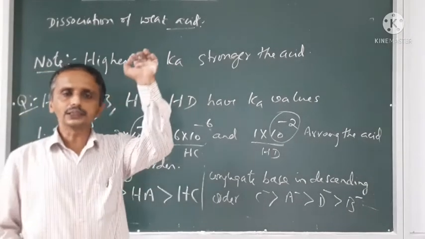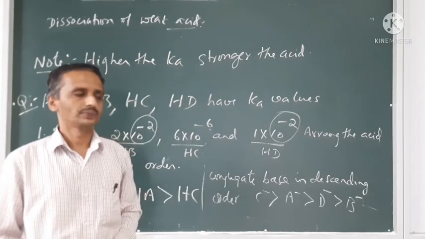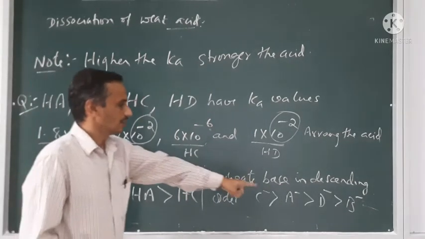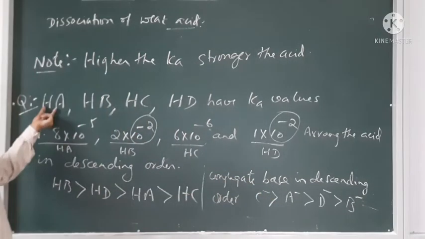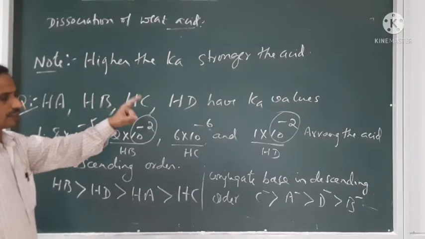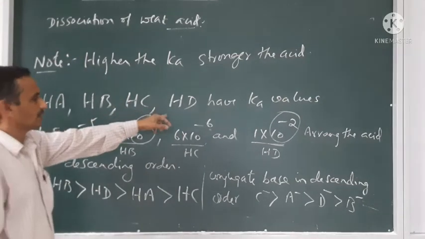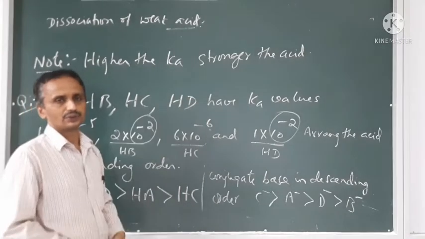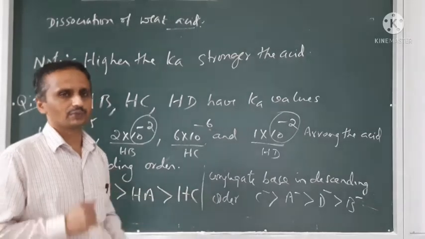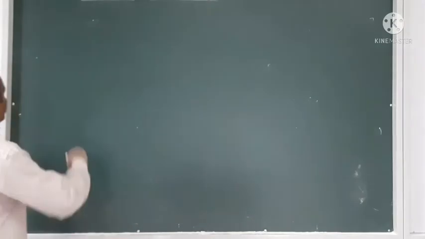Because the stronger the acid, the weaker its conjugate base. And HA, its conjugate base is A minus. HB, conjugate base is B minus. HC, conjugate base is C minus. HD, conjugate base is D minus. They differ by an H plus ion. That also can be asked. Now, the next one is Ostwald dilution law.